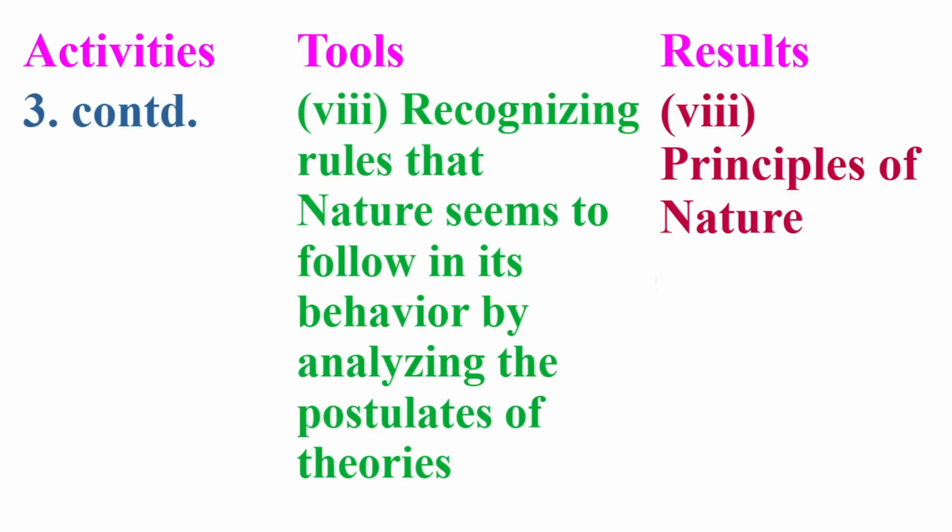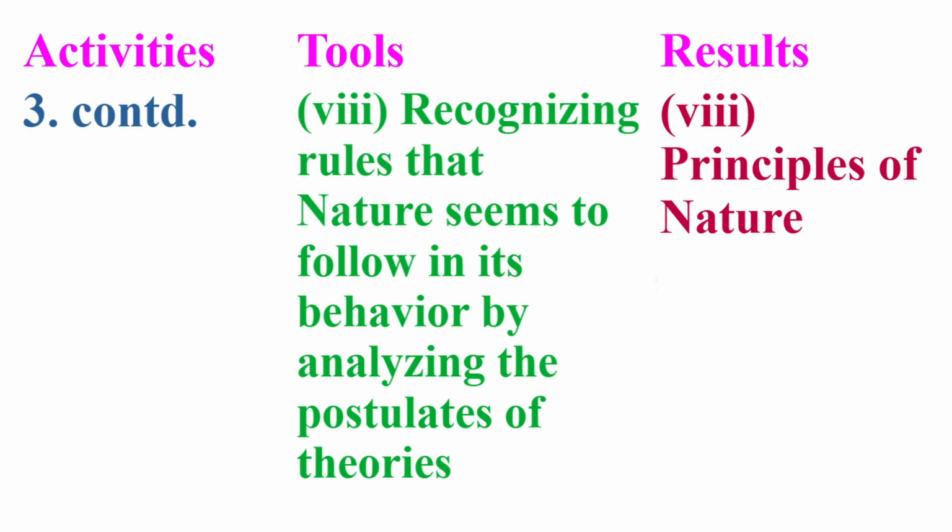The eighth and last tool used in major activity 3 of the scientific process is to analyze the postulates of theories and recognize the existence of rules followed by nature in its behaviors. Such rules are referred to as the principles of nature.